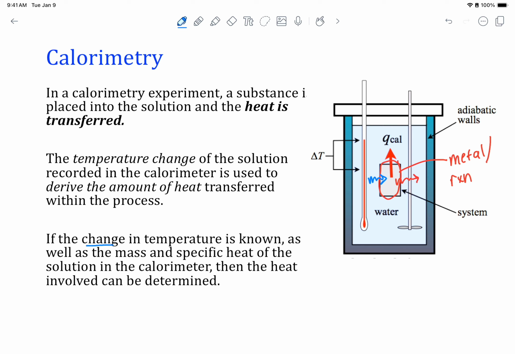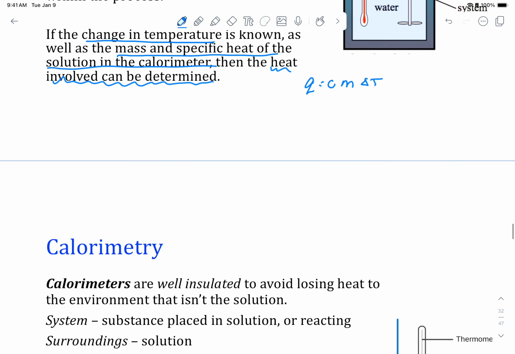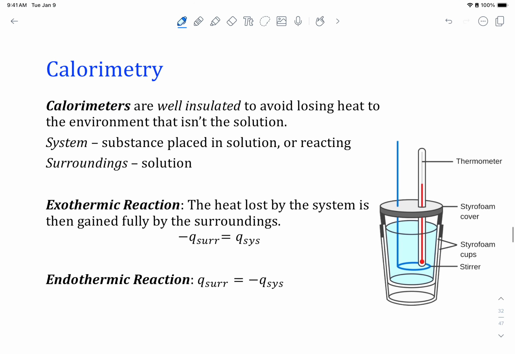If the change in temperature is known, and the mass and the specific heat of the solution in the calorimeter is known, then the heat involved can be determined. And that's just using Q equals Cm delta T. Now we're going to use it in a slightly different way, which we'll talk about here in a second.